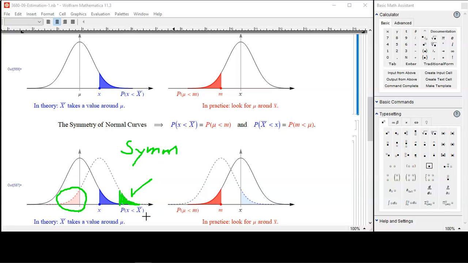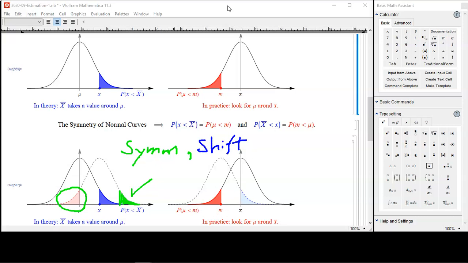Now, we take parallel shifting. This red is the same as this green because of symmetry, and then we shift it. So this green is the same as this blue. So symmetry, and then parallel shifting. We can do the same thing from here as well.